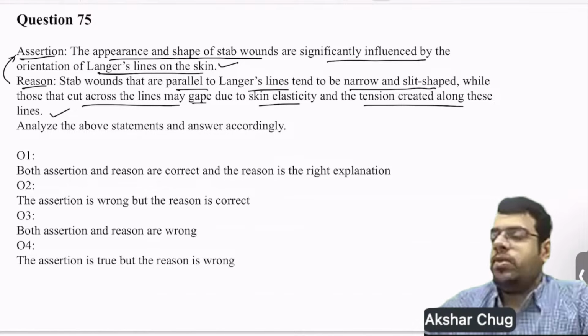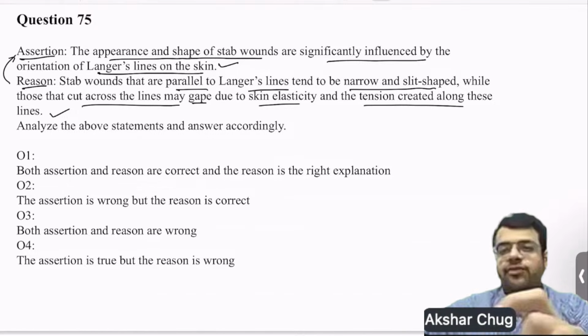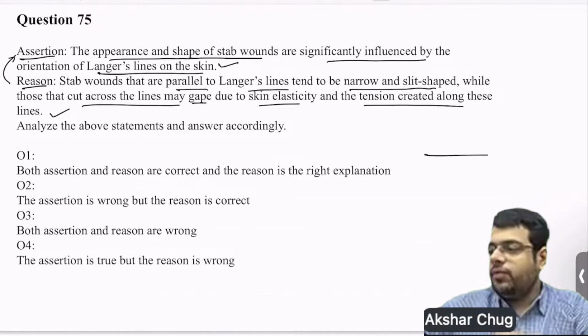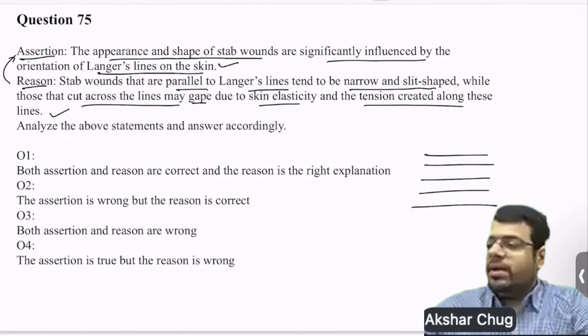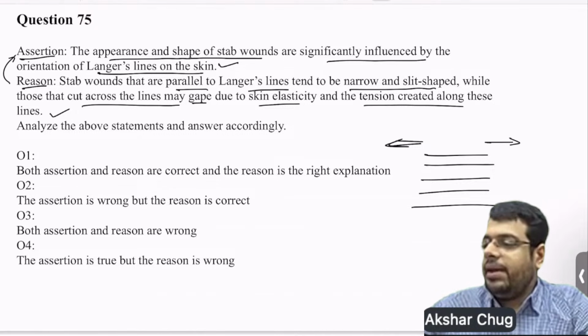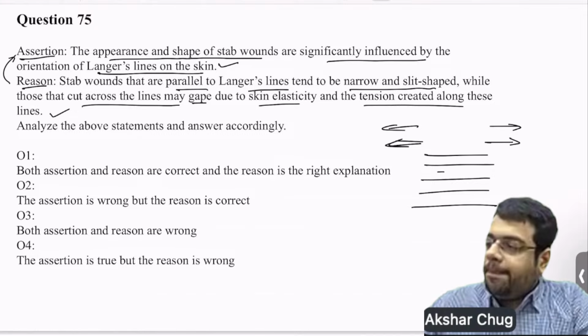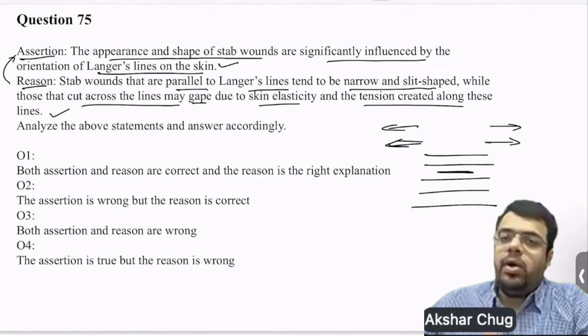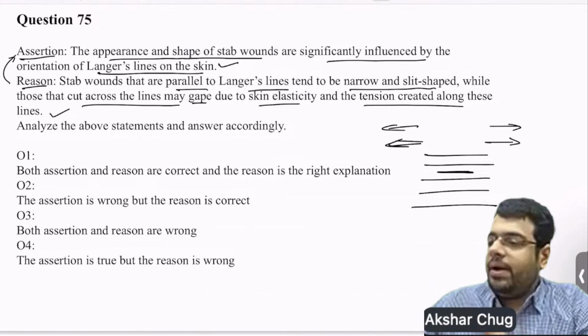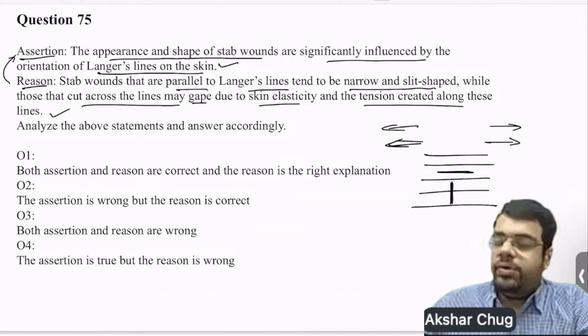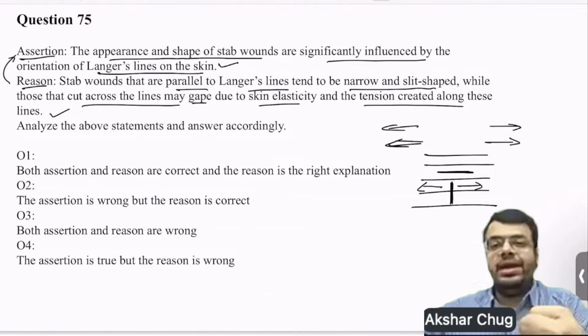So basically, Langer's lines are the tension lines which we find on our body. For example, these are the sets of Langer's lines. Now, the tension is applied in this direction, which is parallel to that of the Langer's line. If any wound is parallel to the Langer's line, it will not gape. Instead, it will become a narrow slit-shaped wound. But if a wound is perpendicular to the Langer's line, it will be stretched because of the skin elasticity and it will gape.